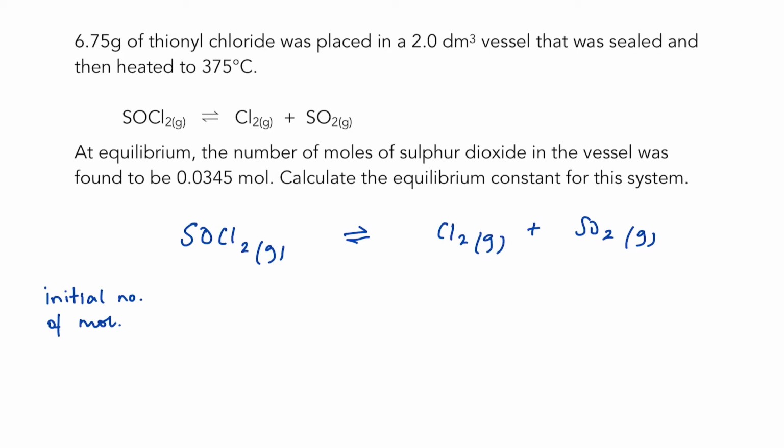So our initial number of moles, well, I know how much SOCl2 was placed into my vessel. It was 6.75 grams. So I know that number of moles equals mass over molar mass. So I can figure out the number of moles that we started with. It's 6.75.